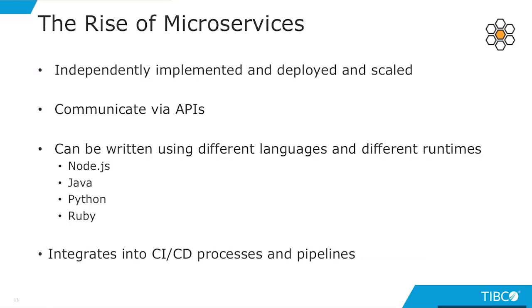They would be coded separately, they would be running independently in containers, and would be talking to one another across the network using APIs, typically web service APIs, but they don't have to be. So it takes this idea of separating all the services that make up your application to an extreme. You can code them separately. You can scale them separately within your environment, and we'll see in a second why that's so important.